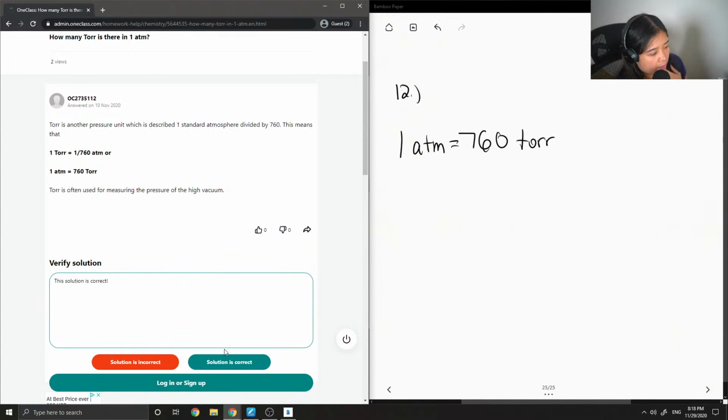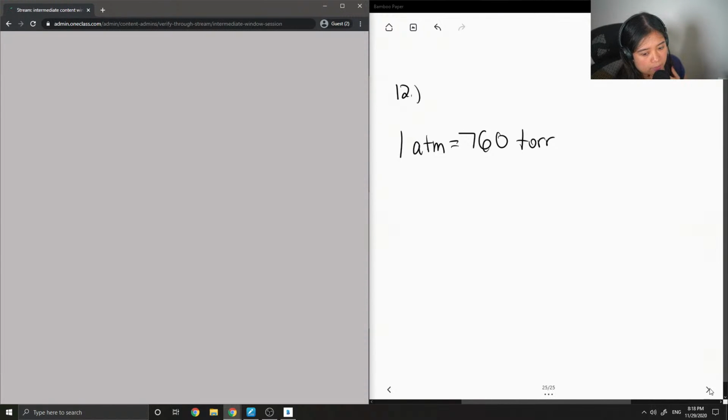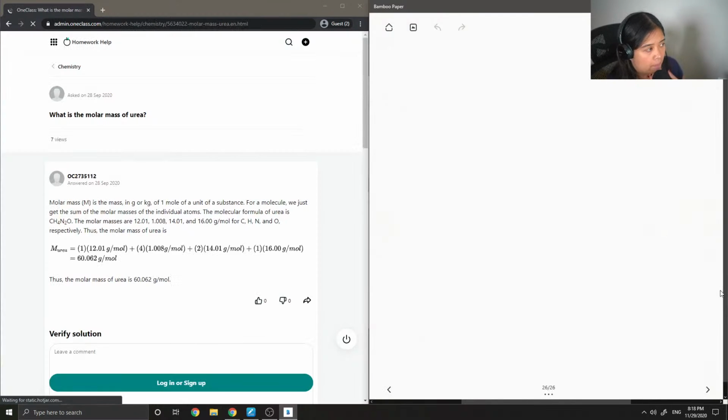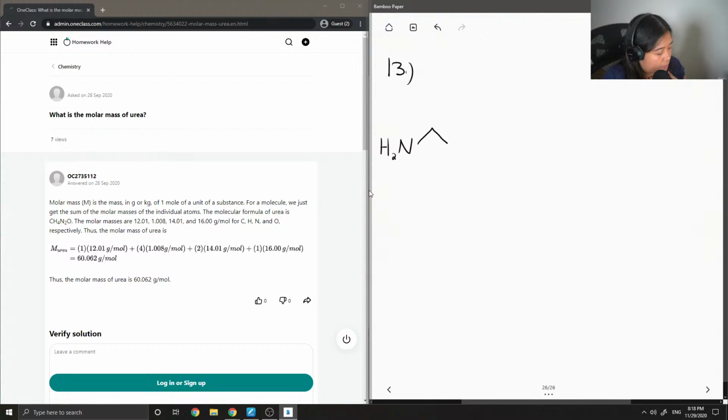And I think we have time for one more question. Number 13 asks, what is the molar mass of urea? So first I'll draw the chemical structure of urea, which is shown here.